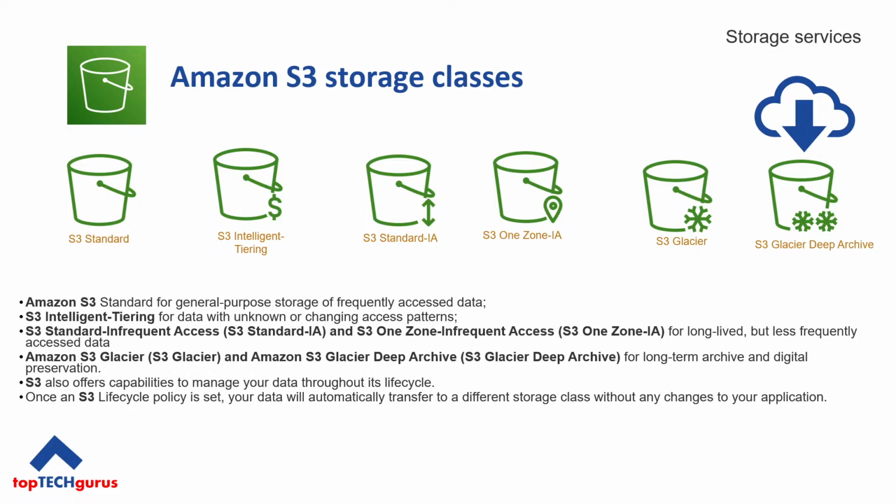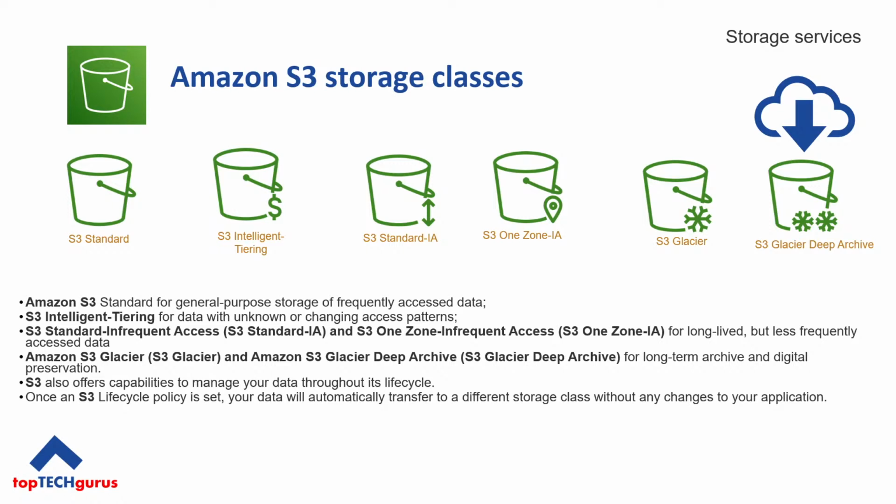You can also have a lifecycle policy. So you can say that any file that gets uploaded is in S3 Intelligent-Tiering for the first 3 months, and after 3 months, the lifecycle policy will automatically transfer it to One Zone-Infrequent Access. When you set up the S3 bucket, you can also set up a lifecycle policy that will transfer between different storage classes.